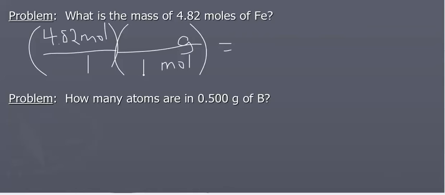For iron, and I round to 1 decimal place, find its atomic mass, 55.8. Multiply across, that will give me the mass of 4.82 moles of iron. So grams, get molar mass from the periodic table.